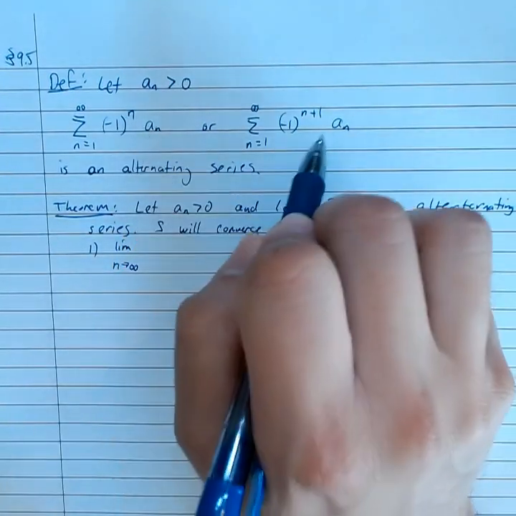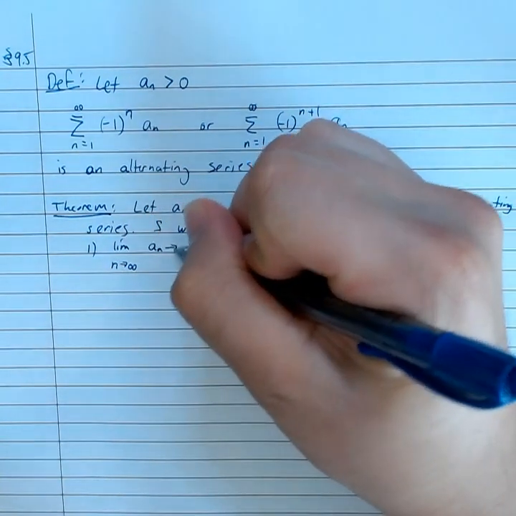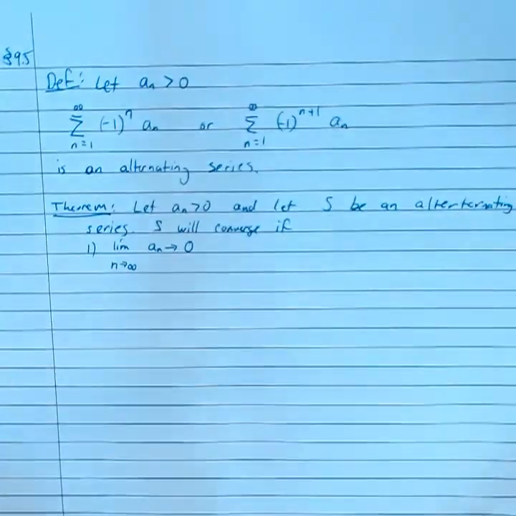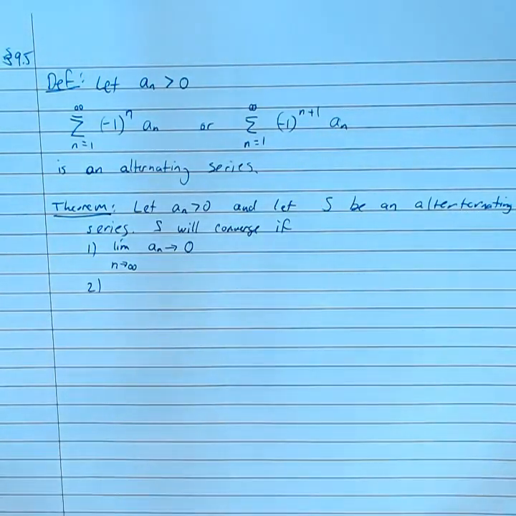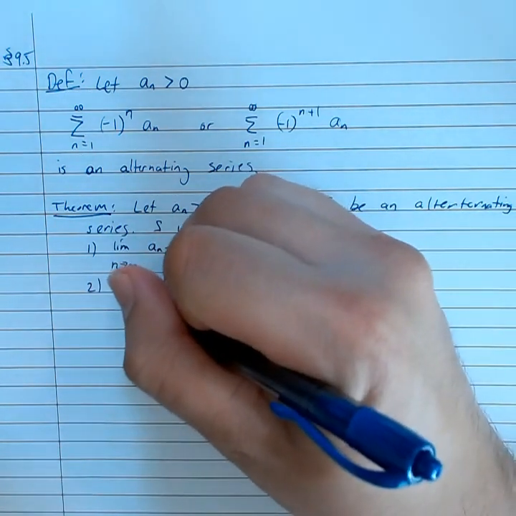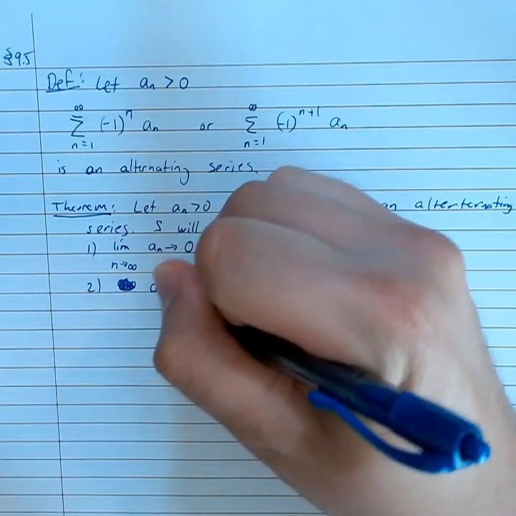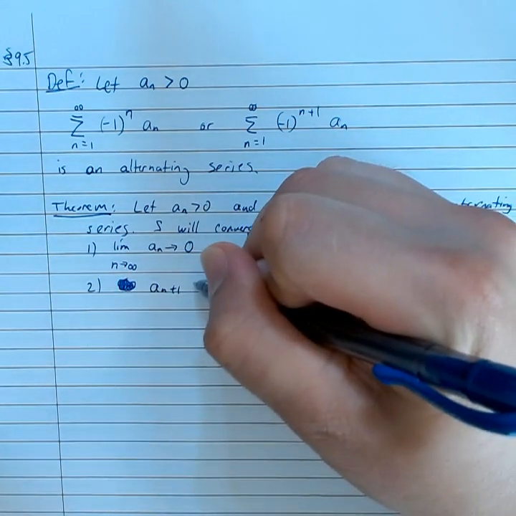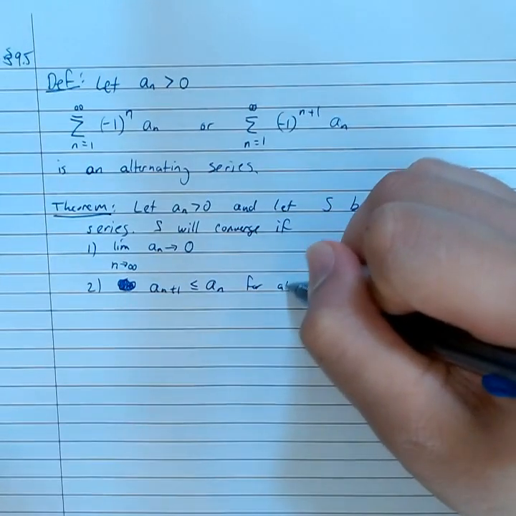We have our a sub n. This part is going to approach 0. And it has to not only approach 0, it has to be decreasing for all values of n. So we have that a sub n plus 1 should be less than or equal to a sub n for all values of n.